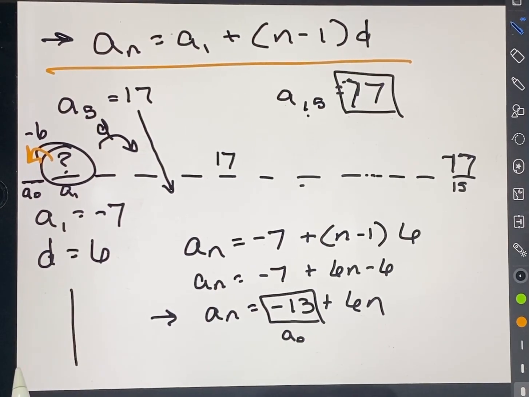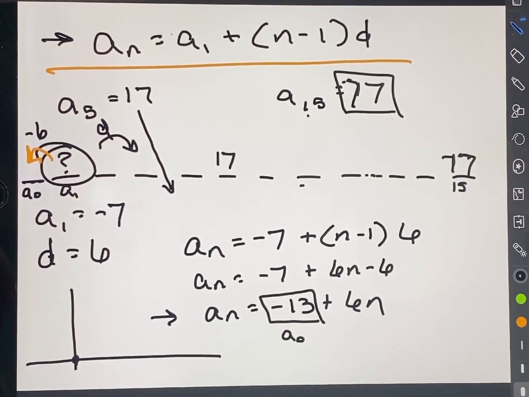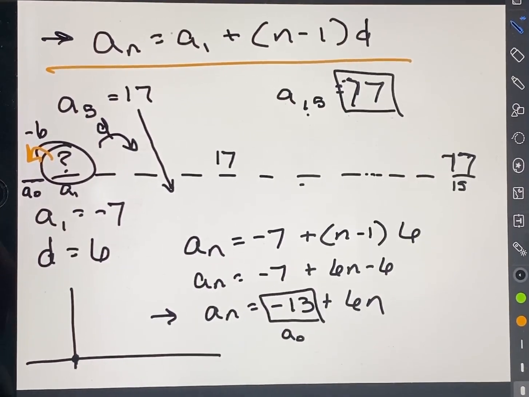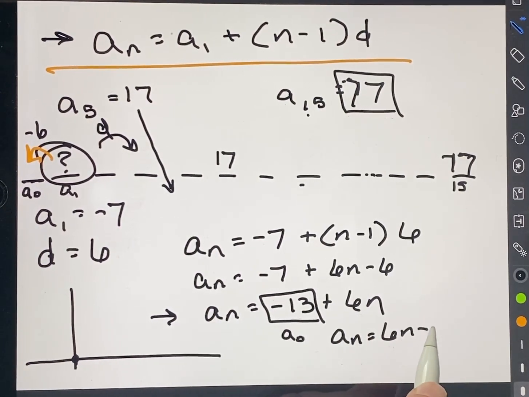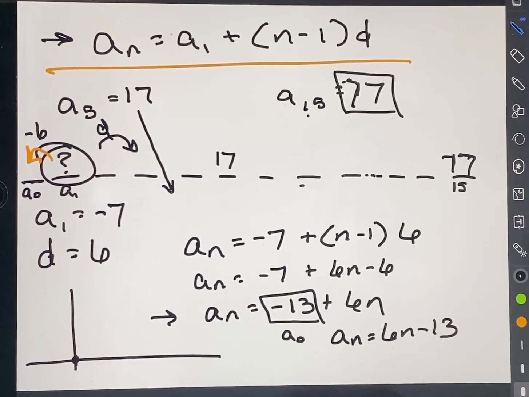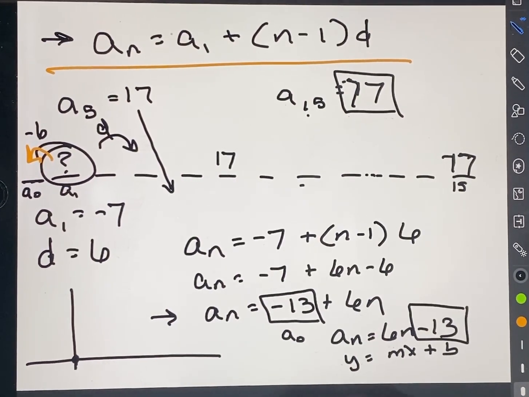What that actually does, if we were to graph it, is back us up to the y-axis where we now have a y-intercept. And we can notice that if I rewrote it as a sub n equals 6n minus 13, right? This looks a lot like y equals mx plus b, where our starting value is our y-intercept.